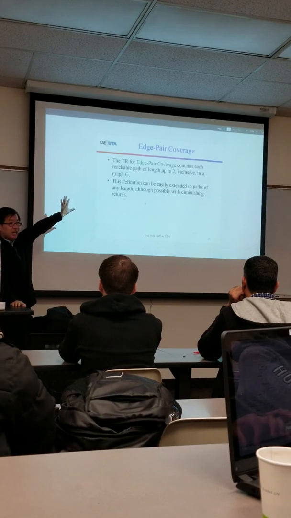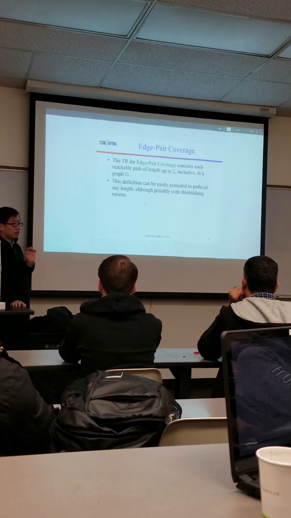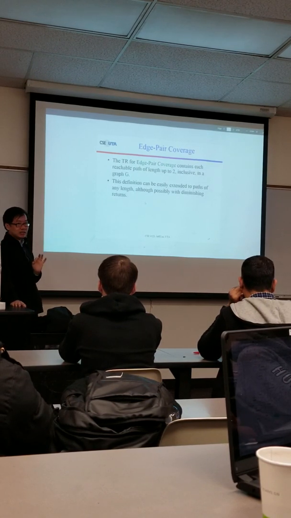So on the slide, TR, what does TR represent? Can you make a guess? Test requirement. Remember, a test requirement is an entity you have to test at least once.